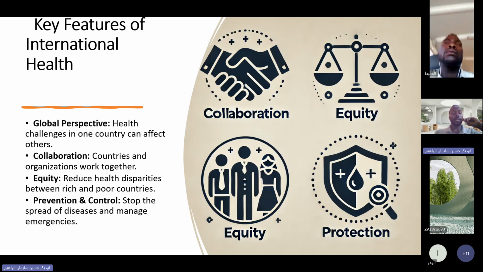When there is any emergency we can go and control it. As you saw with COVID-19, the agencies and countries worked together and stopped that disease. Yes, this is the key feature of international health.